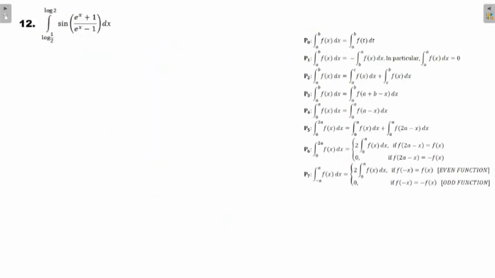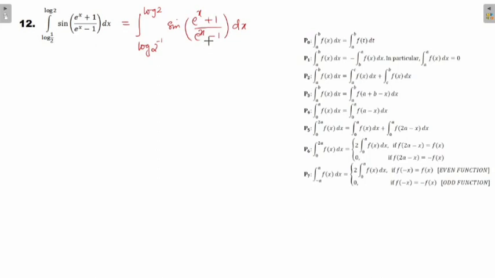Okay, so we have one more question, question number 12, which says evaluate this integral. Now, can I write this half as 2 to the power minus 1? We have log half, so half can be written as 2 to the power minus 1, and in the numerator we have log 2 and sine of (e to the power x plus 1) divided by (e to the power x minus 1) dx.